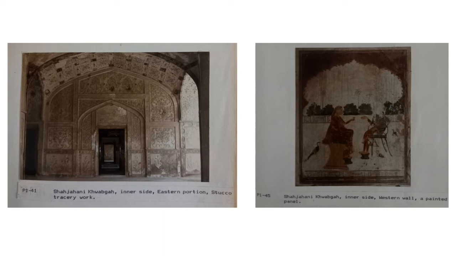As far as the right picture is concerned, here two royal figures are sitting. The male figure is sitting on a chair, whereas the female figure is sitting on the couch, and in the background there are peacocks, and at the rear side there is a railing.